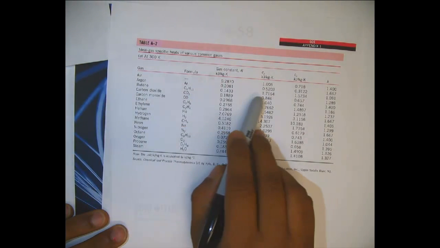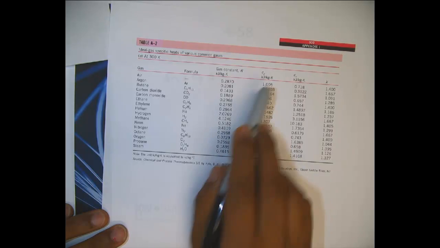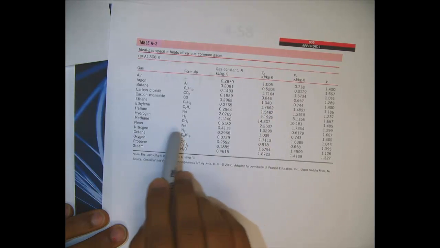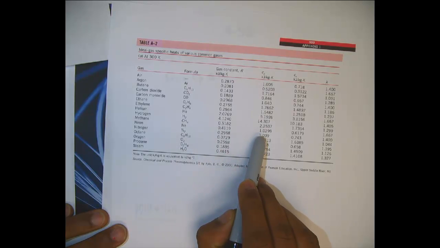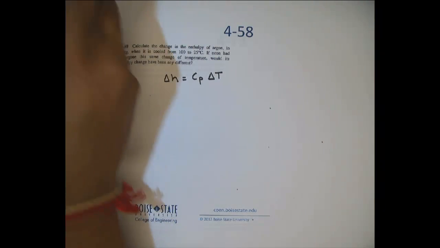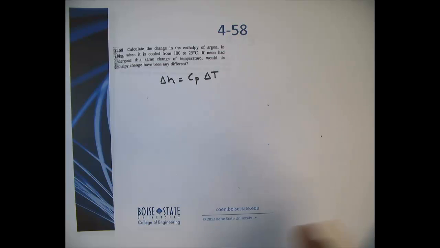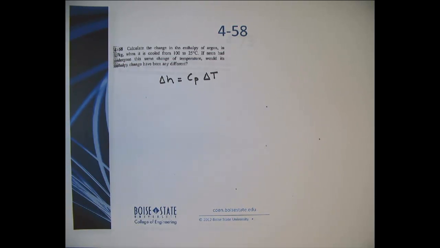For argon it's 0.5203 kilojoule per kg Kelvin, and similarly for neon it would be 1.0299 kilojoule per kg Kelvin. Okay, so now that we have that piece of information, it's very easy to compute.